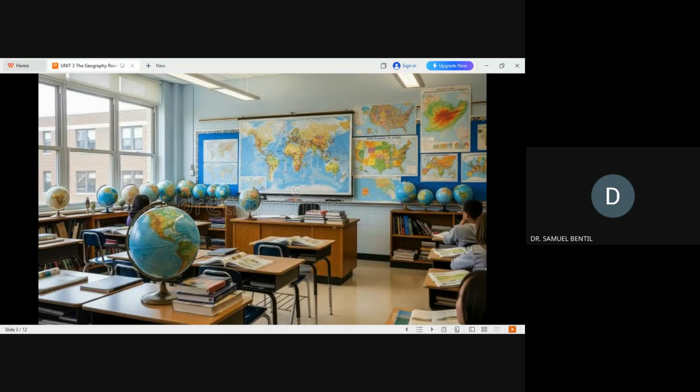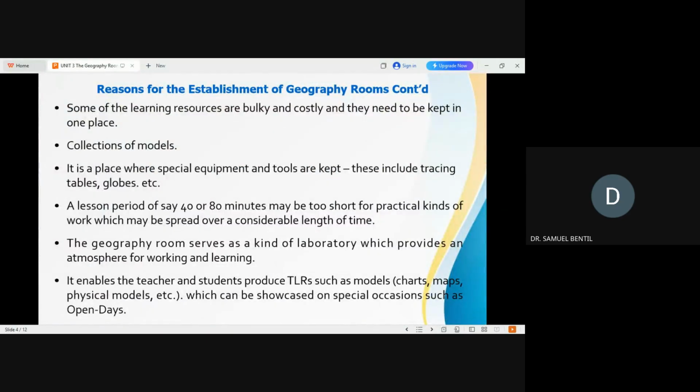Look, you could see that even some students have opened their atlas looking at certain features on their table, and all these things must be collected in a geography room.